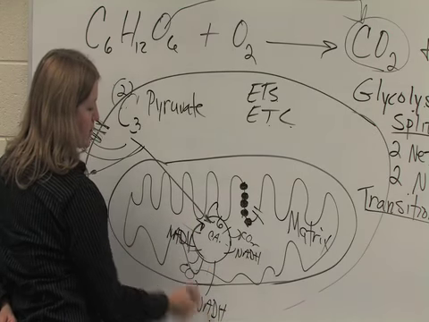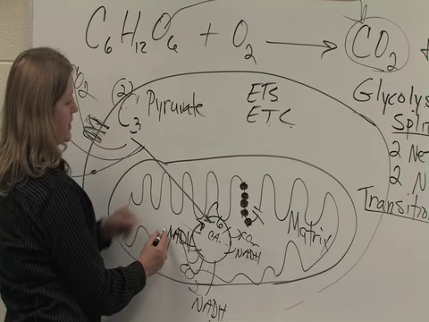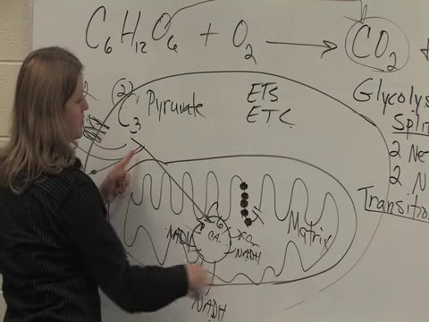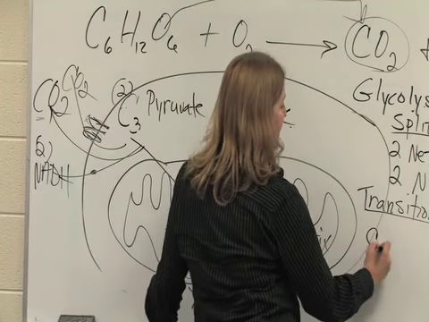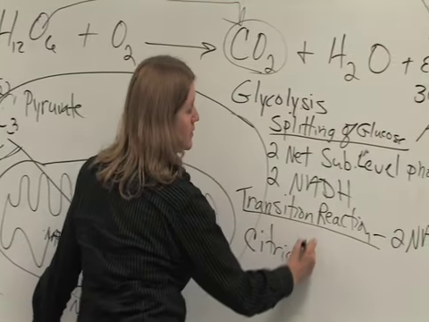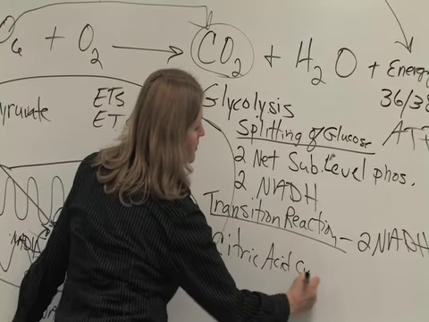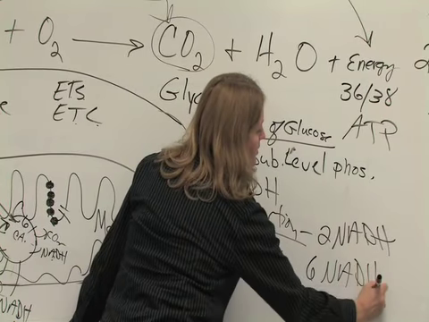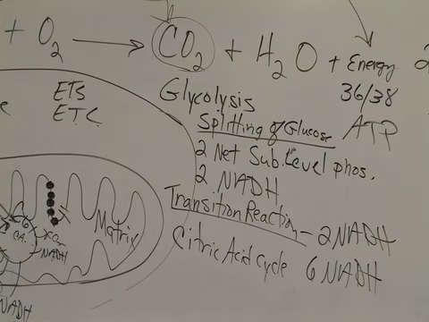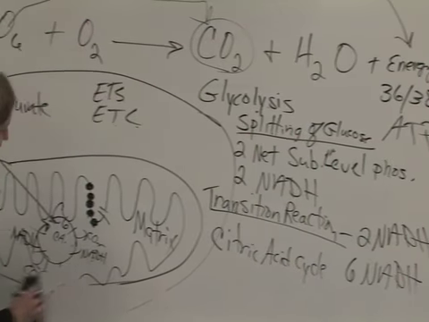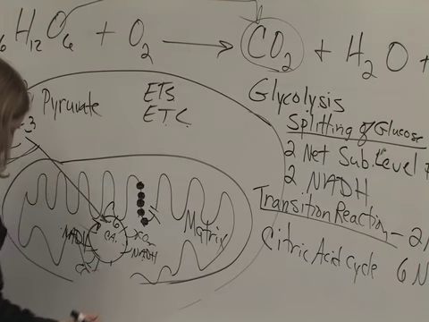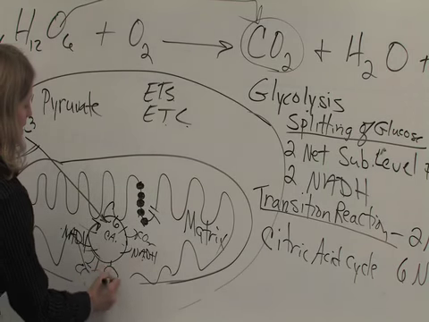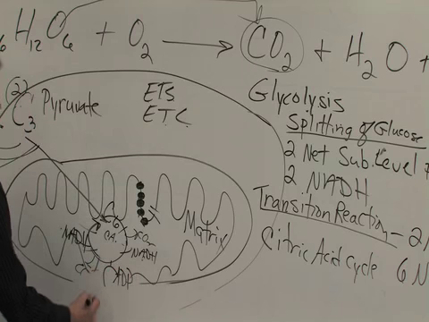So we got 1, 2, 3 for the first turn of the cycle, then 4, 5, 6 for the second turn. So during the citric acid cycle, we have 6 NADHs made.